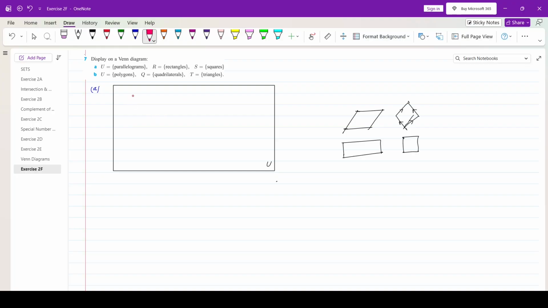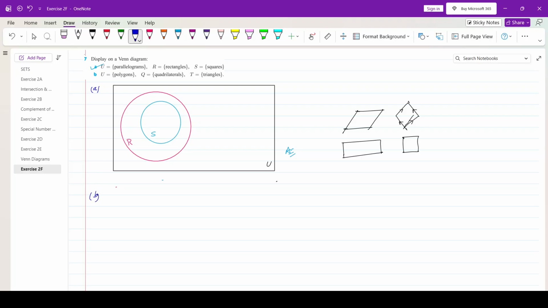Therefore, this is the rectangle and this will be the set of squares. All squares are rectangles, but all rectangles are not squares.